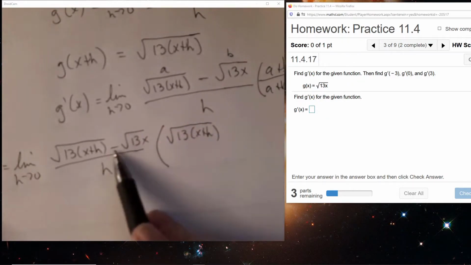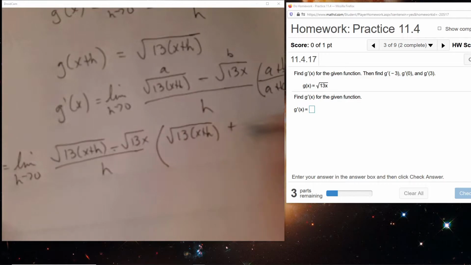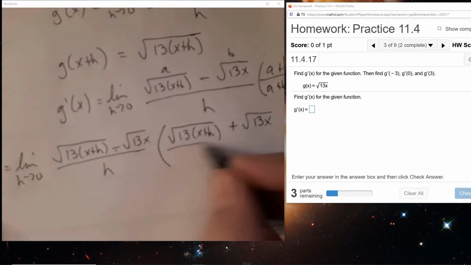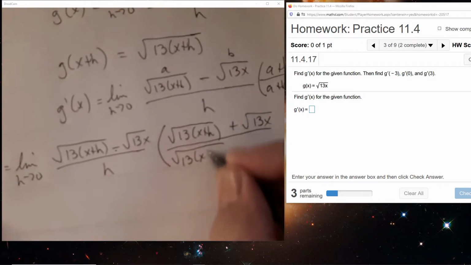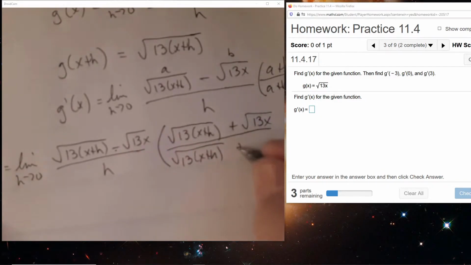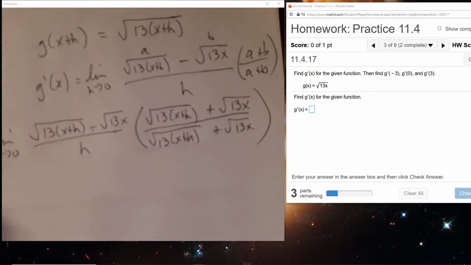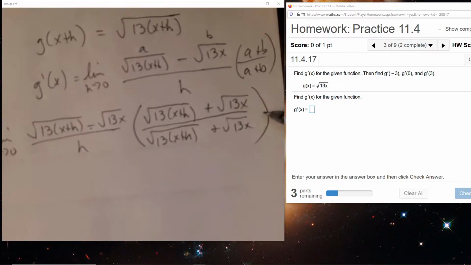So instead of a minus sign, we're going to have a plus sign. So there we go. This whole thing in the parentheses is the conjugate. It's the a plus b part.